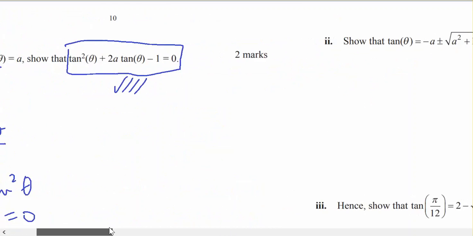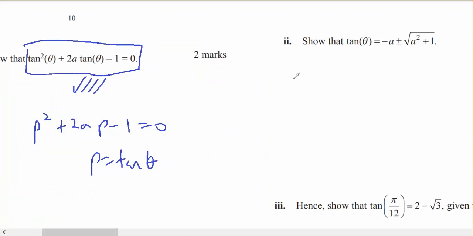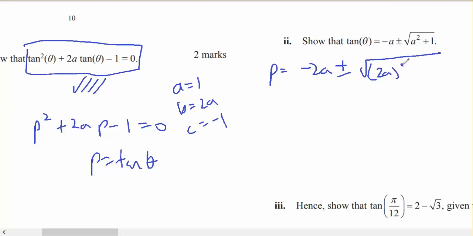In the second part, I've got to show that tan theta equals minus a plus or minus the square root of a squared plus 1. If I considered p squared plus 2ap minus 1 equals 0, where p equals the tan of theta, then I could use the quadratic formula. So p equals, with a equals 1, b equals 2a, and c equals negative 1, minus 2a plus or minus the square root of 2a squared minus 4 times 1 times minus 1, all over 2.